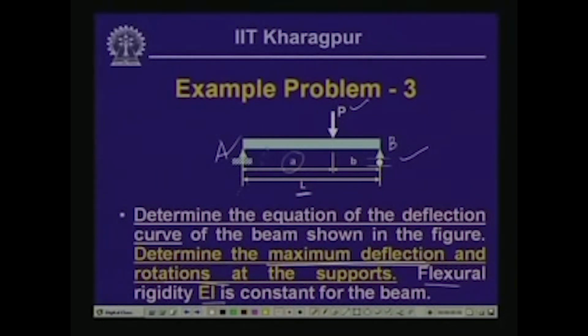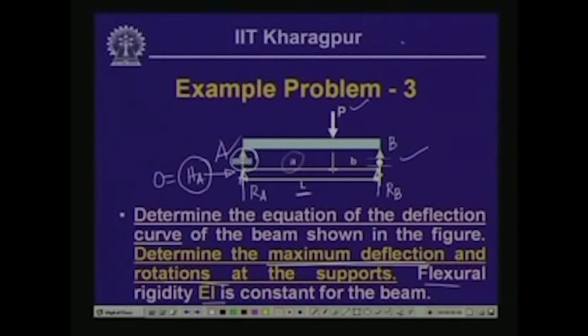As usual, the hinge support will have a vertical reactive force and a horizontal force, and a roller support will have a vertical force. So we call these RA, HA and RB. Now, HA will be equal to 0 as we do not have any horizontal load on this beam.